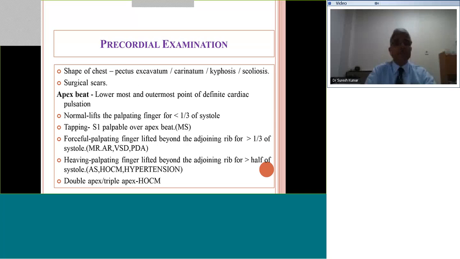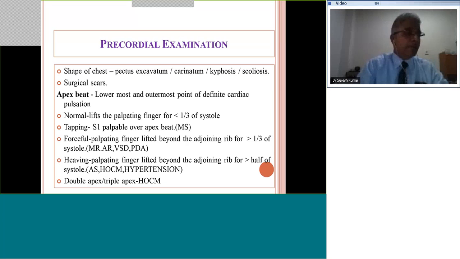The normal character of the apex beat is when it lifts the palpating finger for less than a third of systole. It's described as tapping if you can appreciate a prominent first sound or a palpable shock of the first sound over the apex beat, as would happen in mitral stenosis. It can be called forceful when the palpating finger is lifted beyond the adjoining rib for more than a third of systole, as would happen in mitral regurgitation, aortic regurgitation, VSD, or ductus.